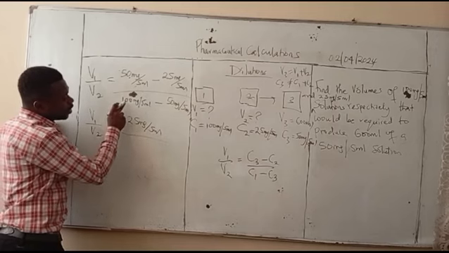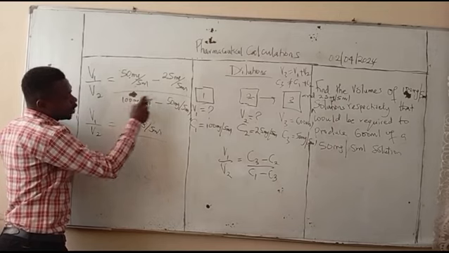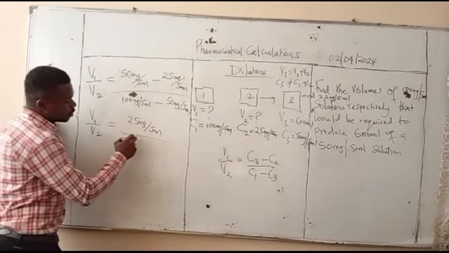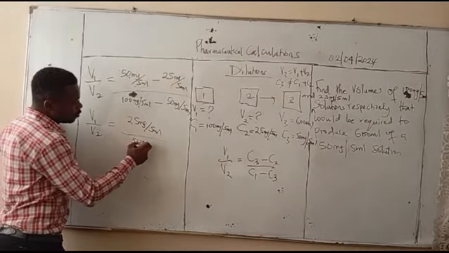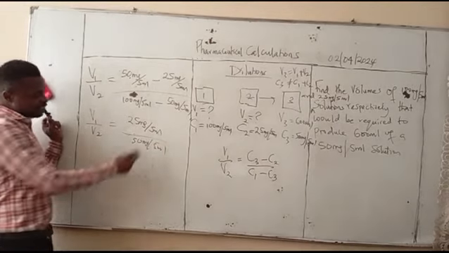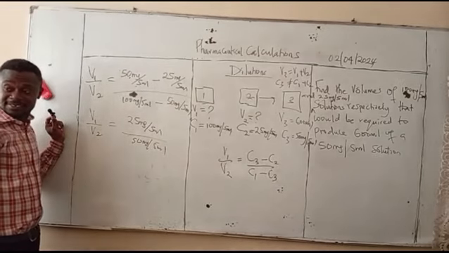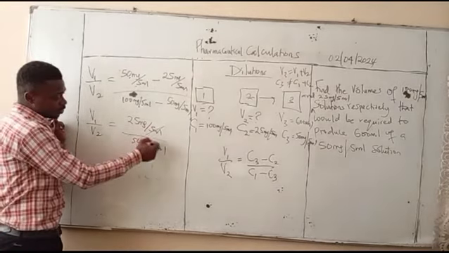All over, there's per 5 mil here, there's per 5 mil here. So you pick one. 100 milligram minus 50 milligram is what? 50 milligram per 5 mil. Look up. Per 5 mil is here, per 5 mil is here. You'll cancel out.